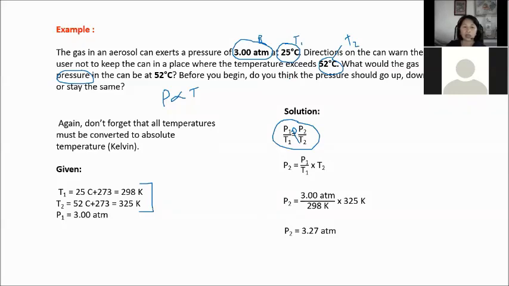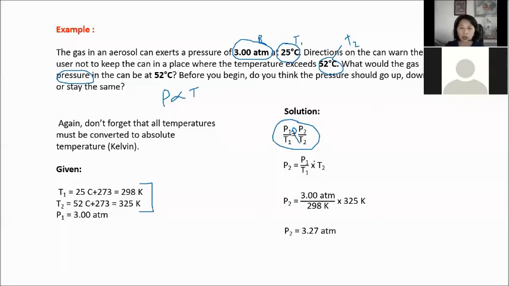Yes, sa lahat ng mga temperatures, pag ang problems involving gases, lahat ng temperatures, for example, Fahrenheit, Celsius, tapos gases yung problem, dapat i-convert muna ninyo to Kelvin before, kasi magkaiba ang value ng right answer.